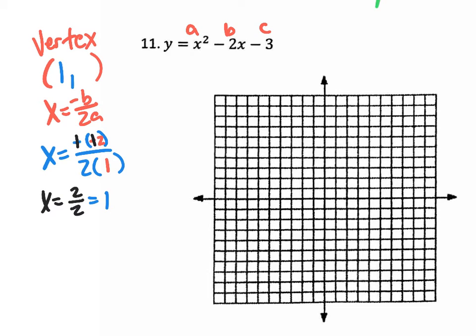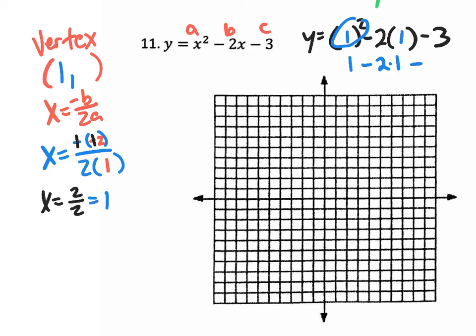And we're going to plug it into the original equation to find the Y value of the vertex. So there's my equation with parentheses. I'm plugging in the X value of 1. We're going to do exponents first. 1 squared is 1. -2 times 1 minus 3. So we really have a 1 minus 2, which is a -1, minus 3, which is a -4. So the vertex Y value is a -4.